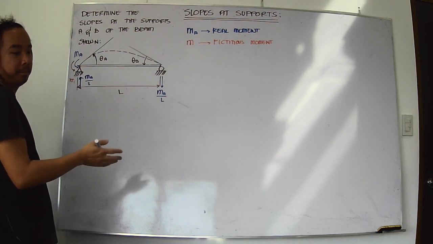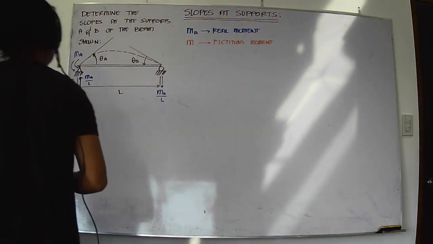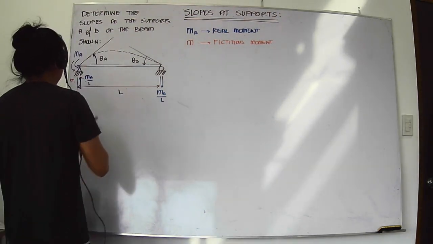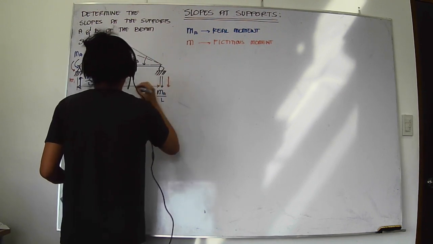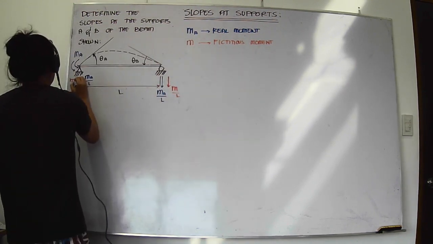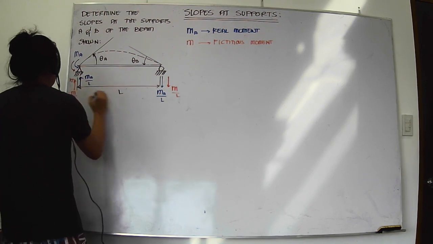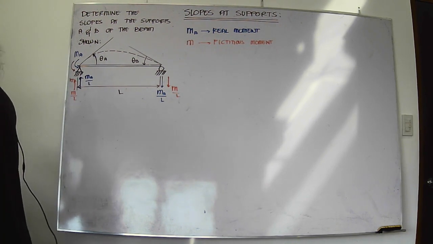So we have equilibrium. We have solved the fictitious moment as well, so its reactions are M over L here and M over L here.